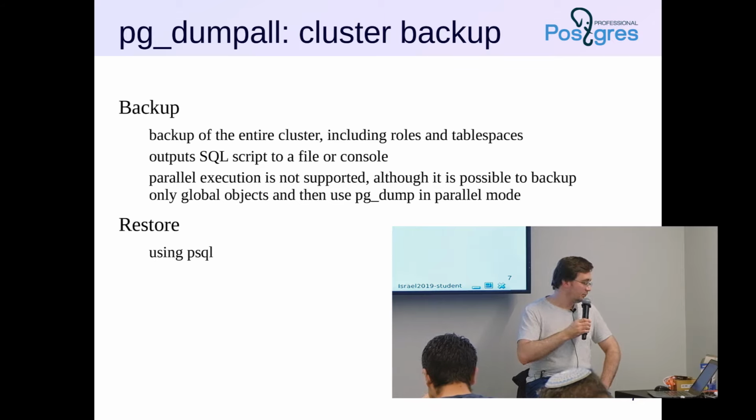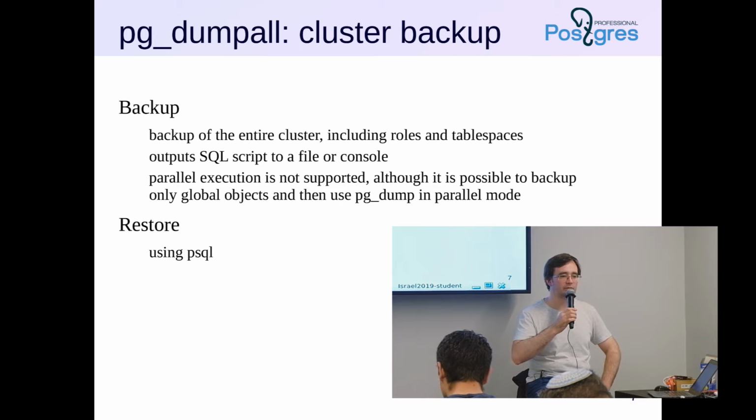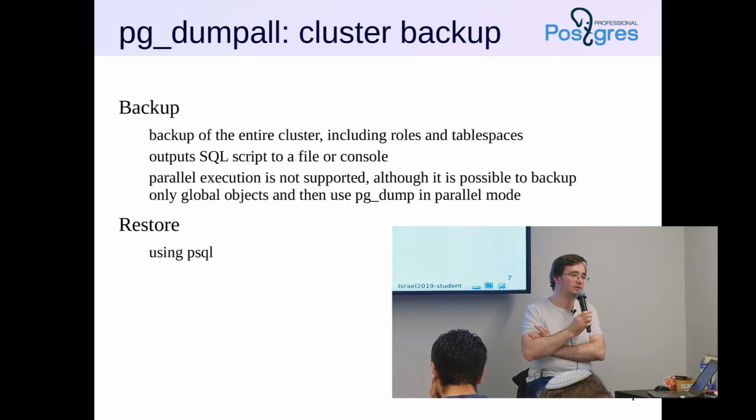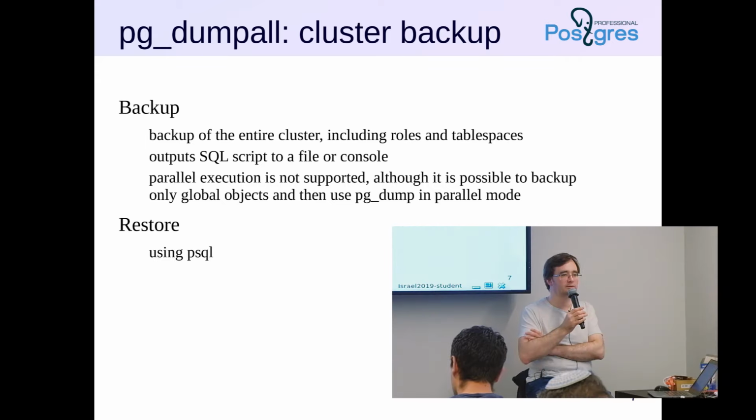It always produces simple plain text SQL commands, but you can instruct pgDumpall to dump only global objects and then run pgDump for each of your databases in parallel to speed up this process.